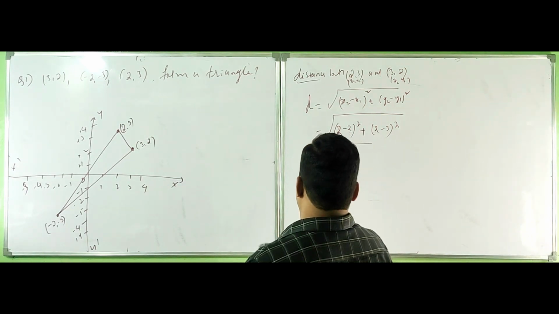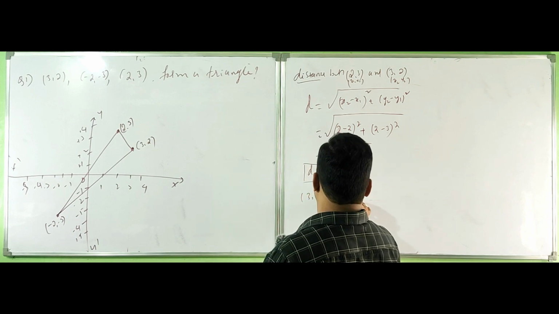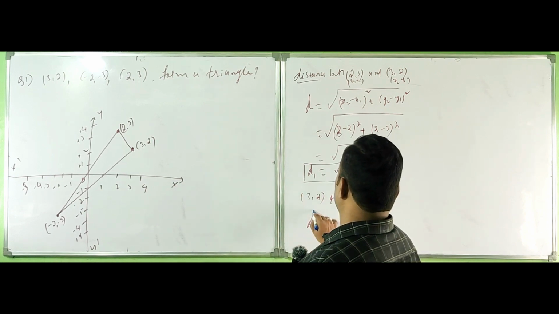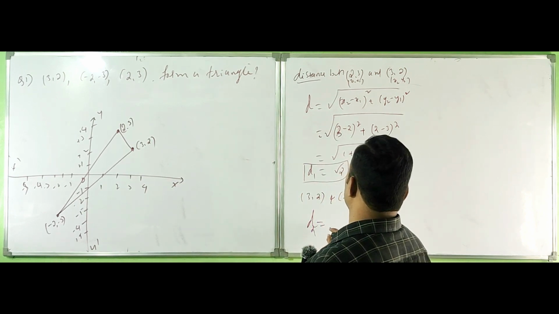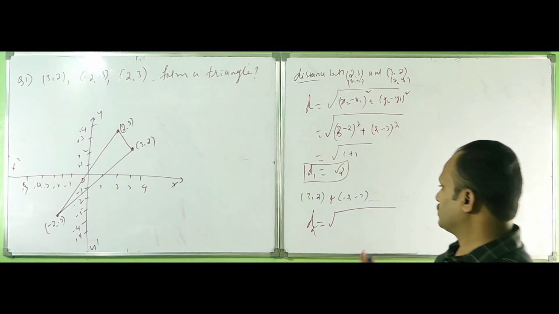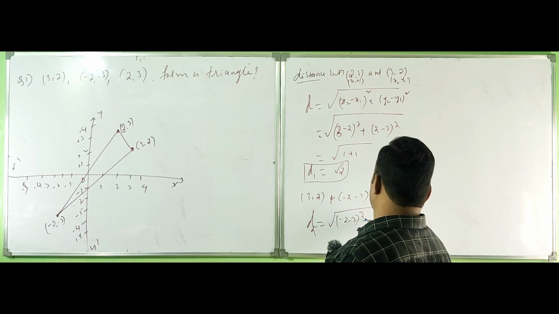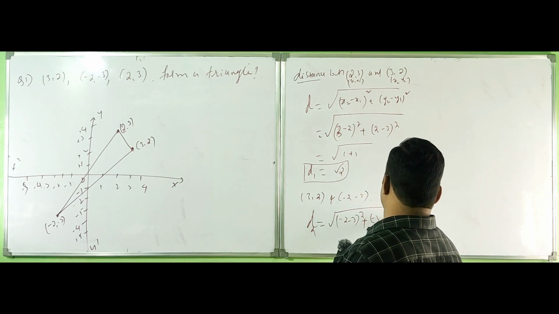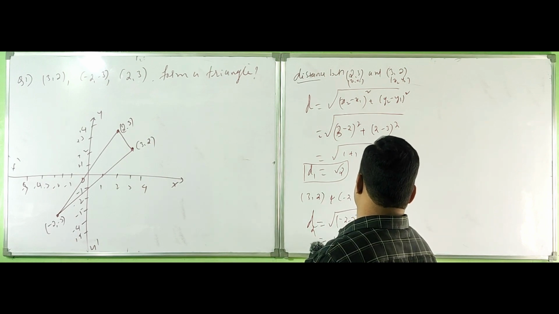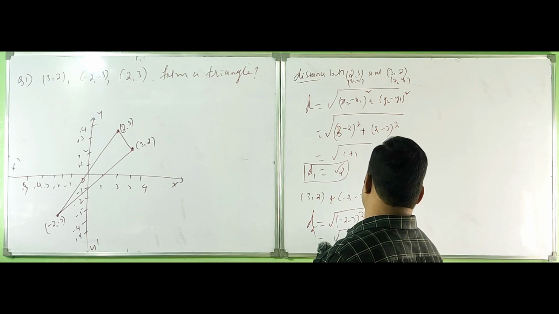Next, 3, 2 and minus 2, minus 3. Distance d2 is equal to square root of minus 2 minus 3 whole square plus minus 3 minus 2 whole square. This is square root of 5 square plus 5 square.